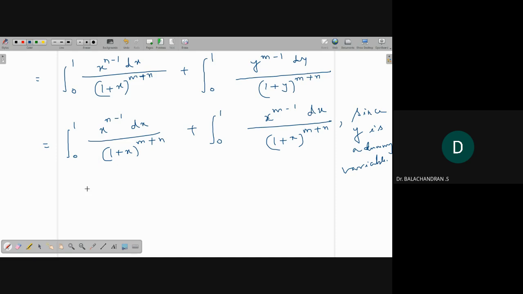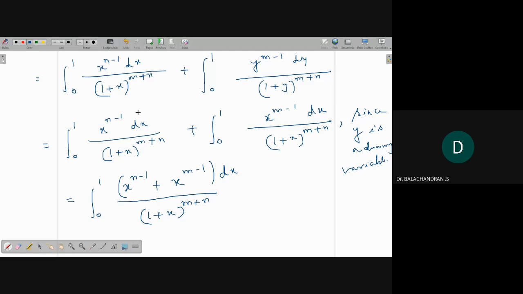Now what is the next step? Beta of m. One more step. Is it correct? Yes, sir. The denominator is the same, 1 plus x whole power m plus n.